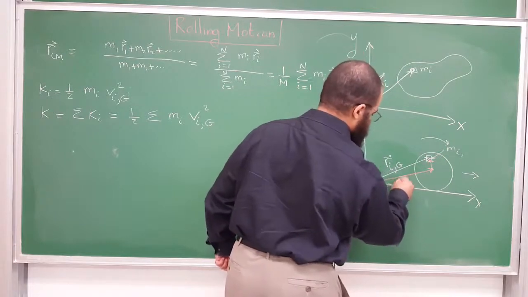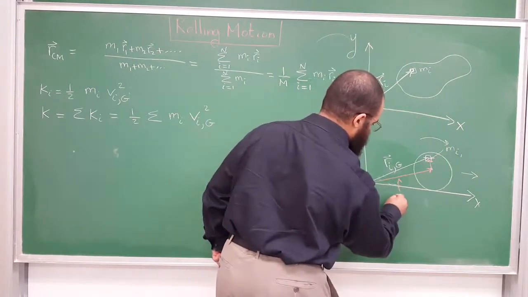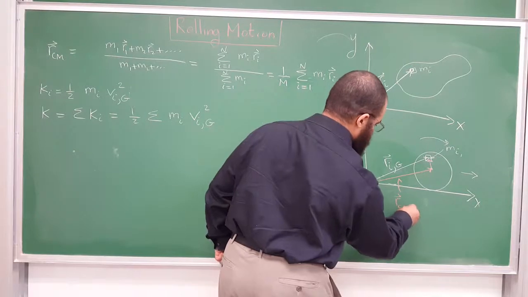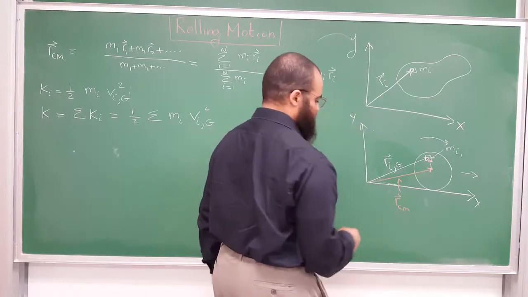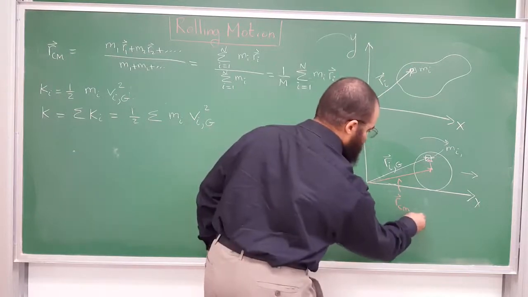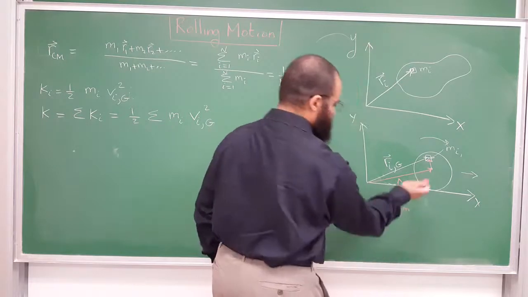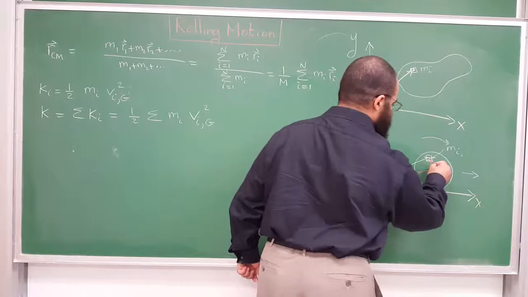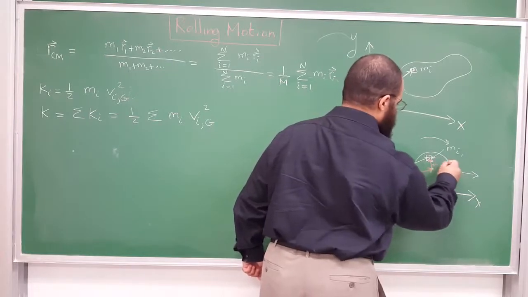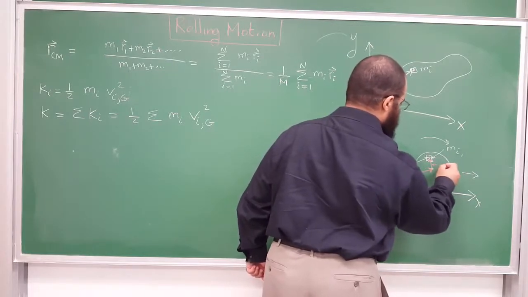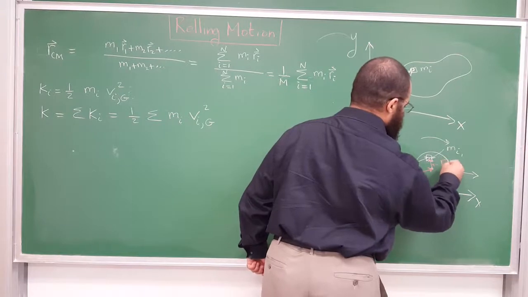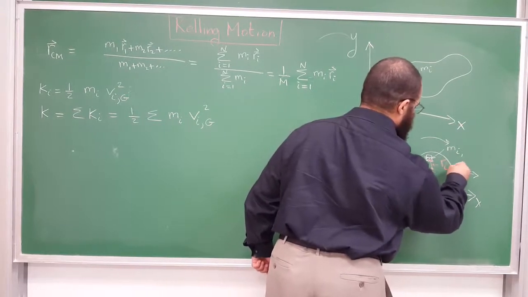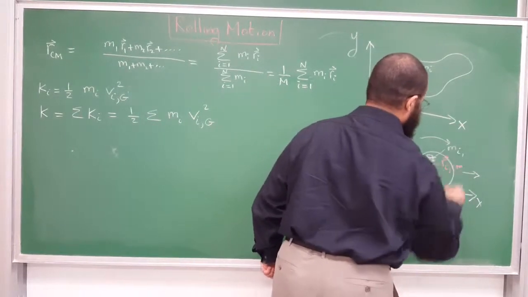So this is the position of the center of mass relative to the ground. I'll just put position of the center of mass, understanding that it's relative to the ground. And this is the position of this mass relative to the center of mass. So the position of mass i relative to the center of mass.